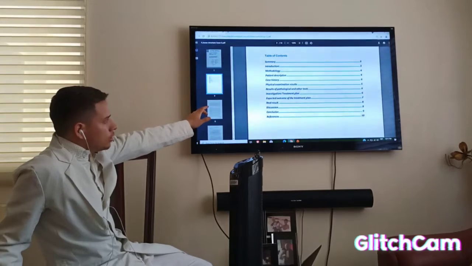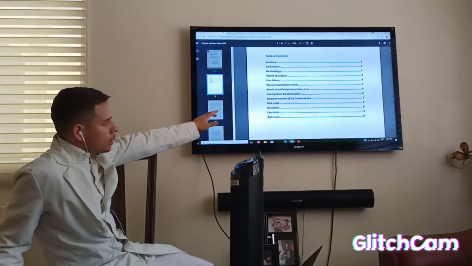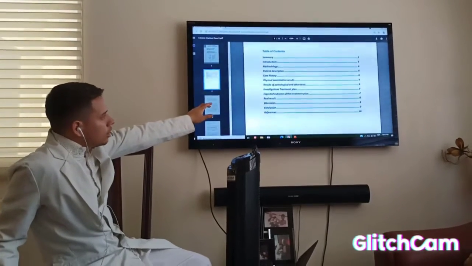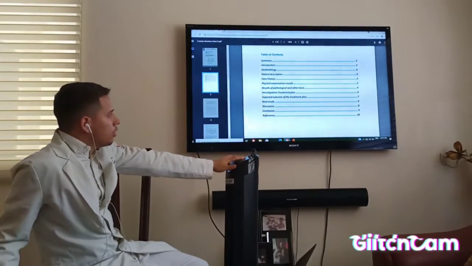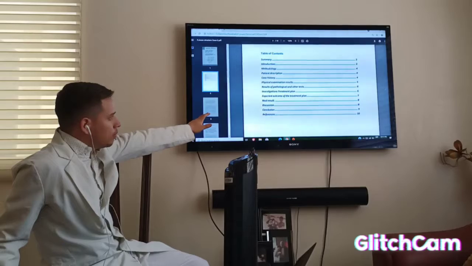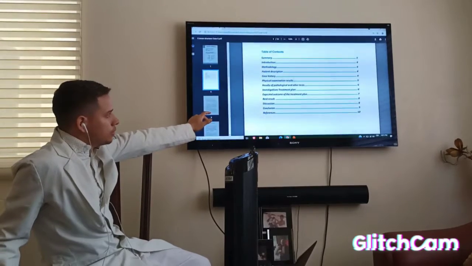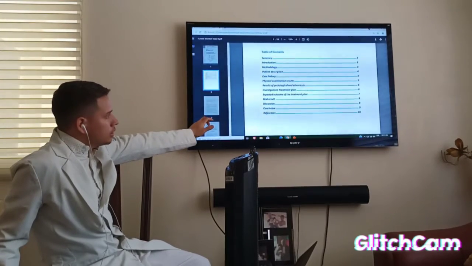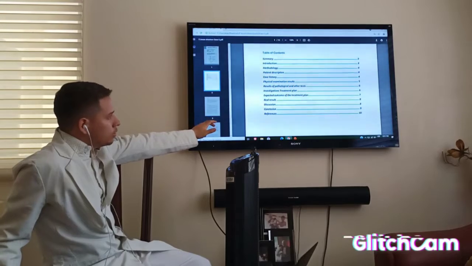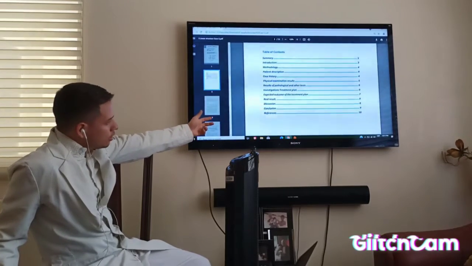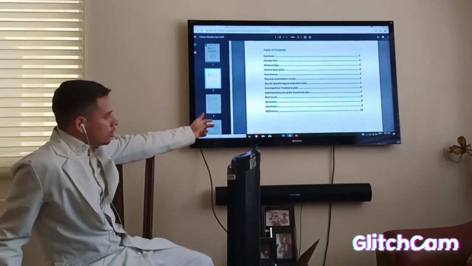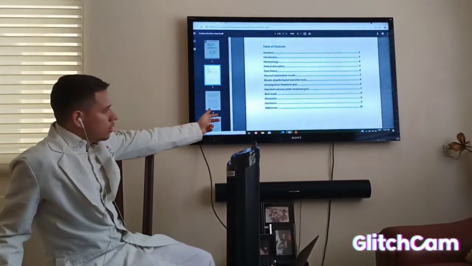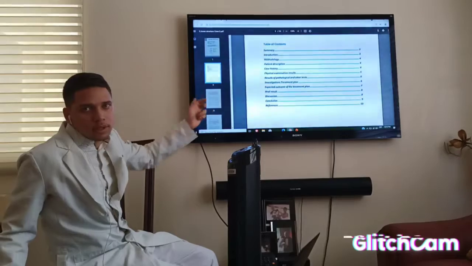Results of pathology and other tests, 6. Investigation treatment plan, 6. Expected outcome of the treatment plan, 7. Real result, 8. Discussion, 8. Conclusion, 9. References, 10.